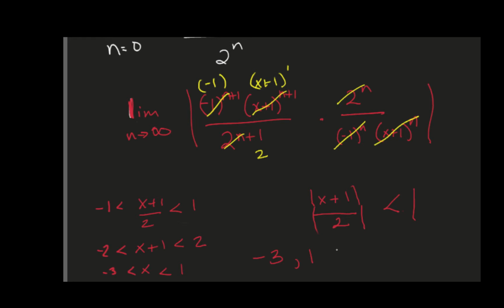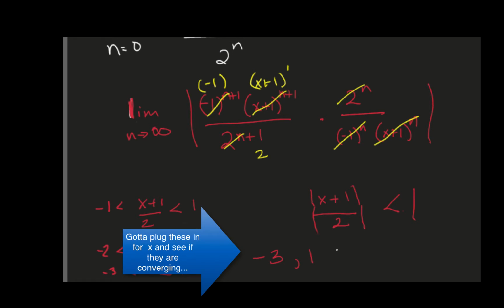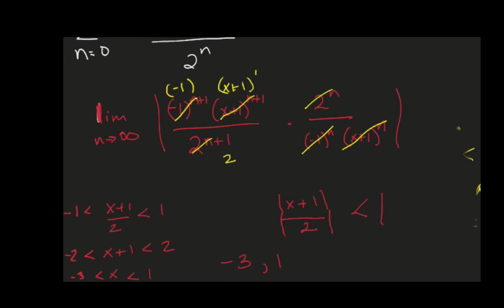We just need to determine if they're going to be a bracket or a parentheses. So how do we do that? You plug in -3 into the original function of x. Okay, let's do that.